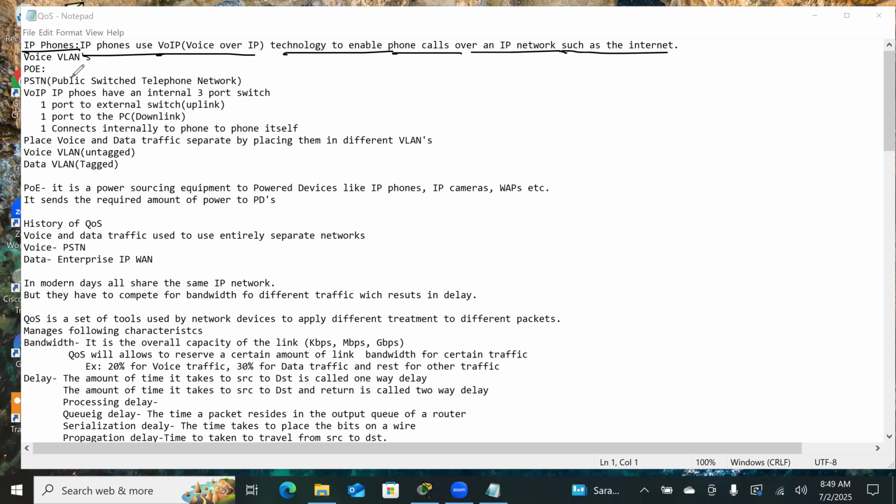Okay, and now what we have done, we've taken all these technologies into only one. That is, we are sending every data through what? Internet. It may be voice data, video data, or the normal data we are using here.